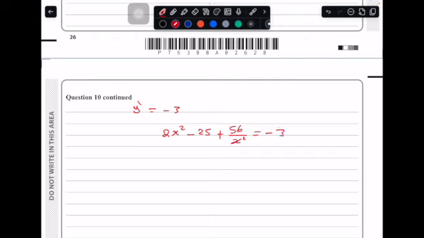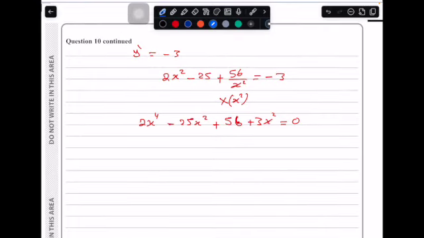Great. Then multiply all of them by x squared. It will become 2x to the power of 4 minus 25x squared plus 56 plus 3x squared equals 0. Collect the like terms. So we have 2x to the power of 4 minus 22x squared plus 56 equals 0.